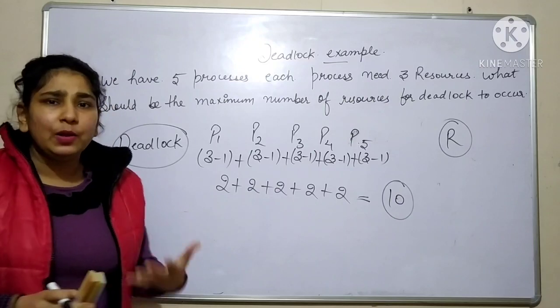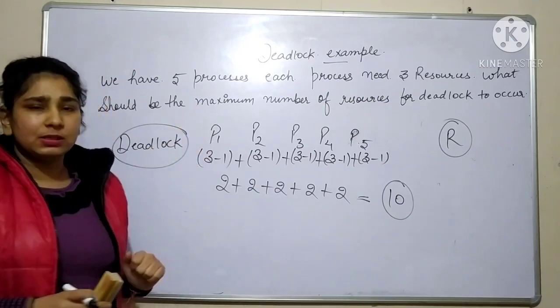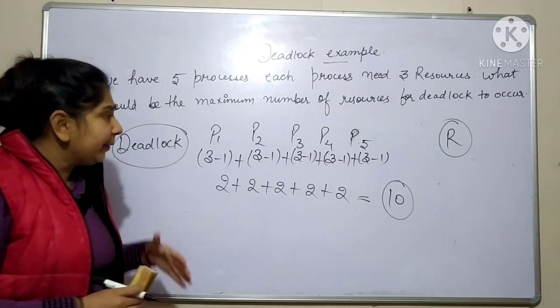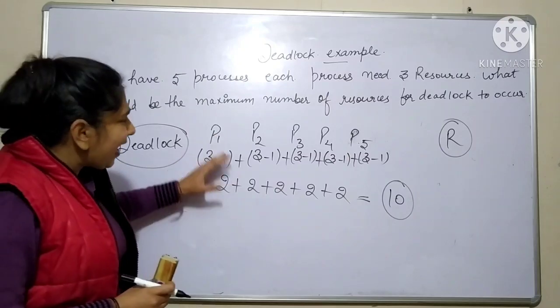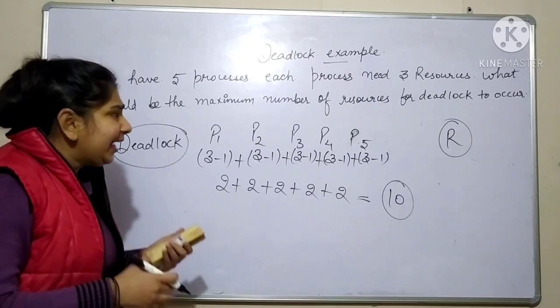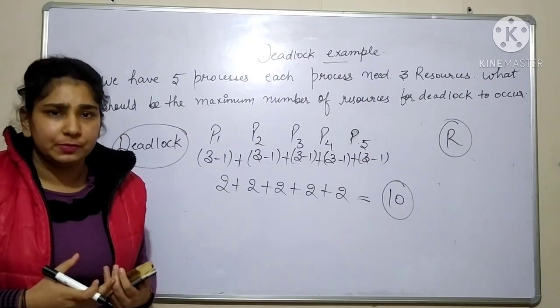If I allocate all of the 3 resources to one process, then you are not getting deadlock. But I want to stall each and every process at some point. I don't want any process to complete its execution.